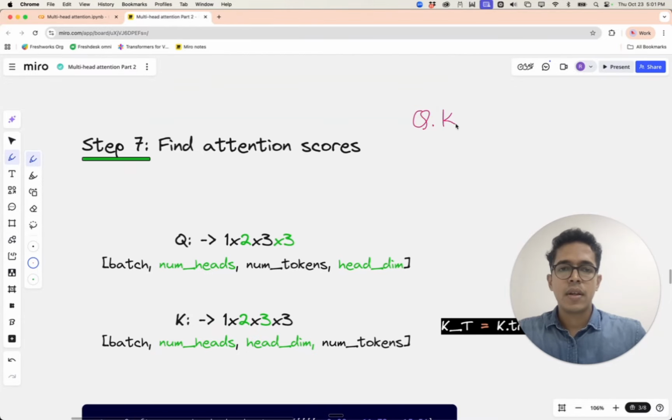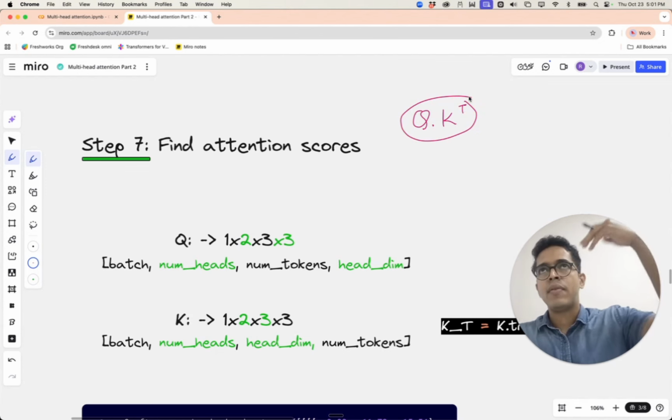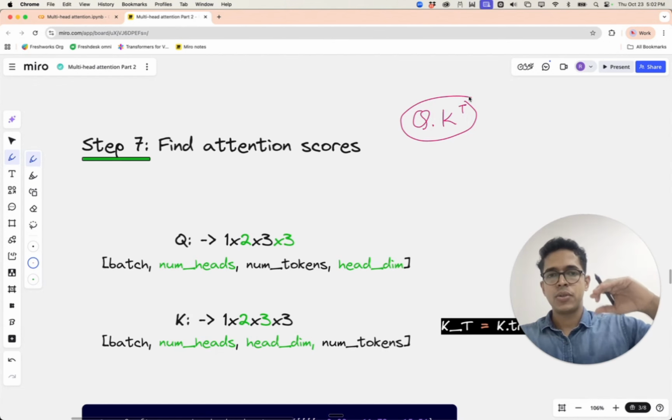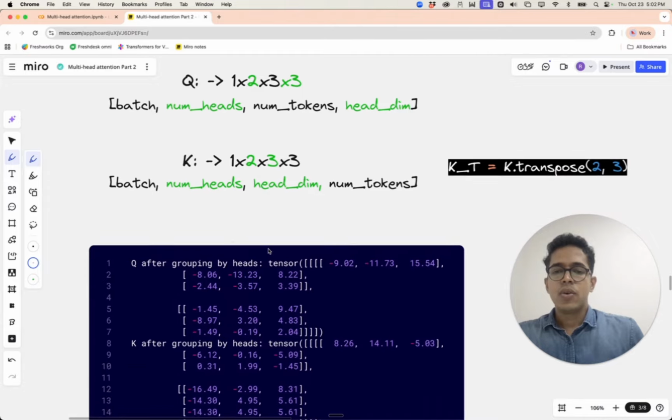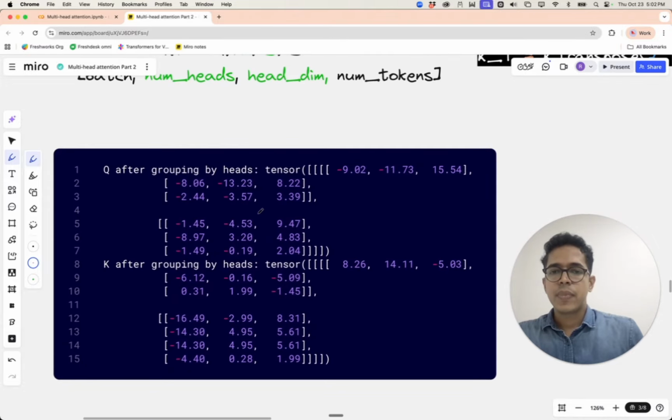And where is this done? This usually we do in each attention head. So attention head 1 will have its own attention scores. Attention head 2 will have its own attention scores. Same for 3, right? If there are 3 attention heads; here there are only 2 attention heads. So if you look at this grouping, where is my attention head number 1 in query?